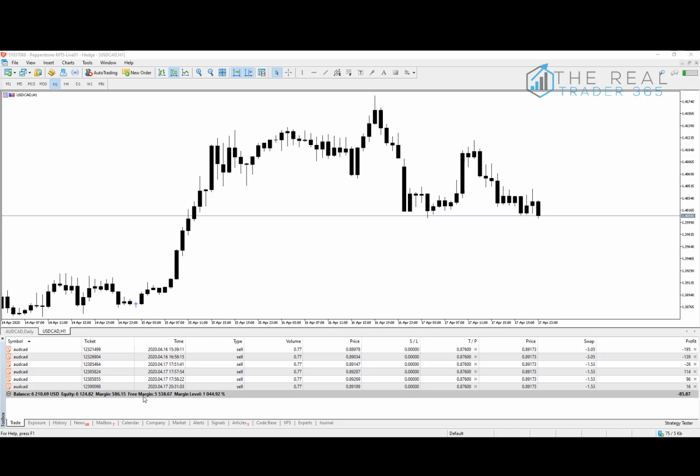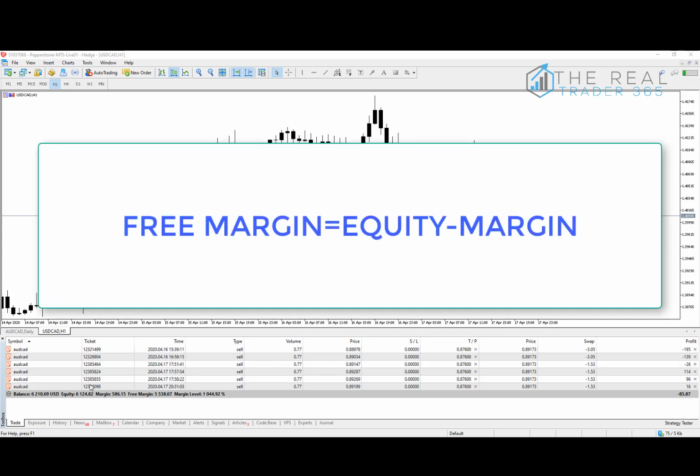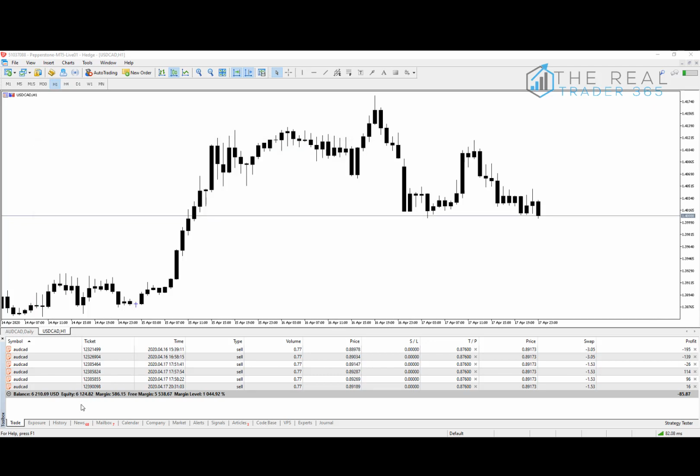Your free margin is next, and that's the difference between your equity and your margin. So the 61.24 that you have, remember this figure changes as your open positions move. Your margin stays the same, and the free margin is basically adjusting as well. What you use this for is to be able to determine how many more positions you can comfortably take if you wanted to place more than one trade.